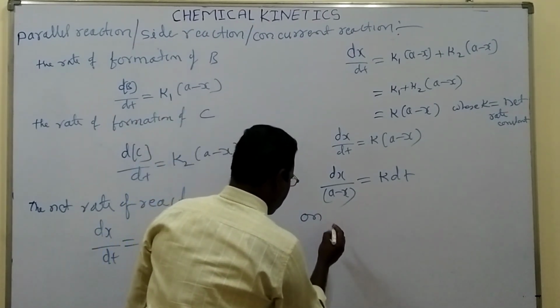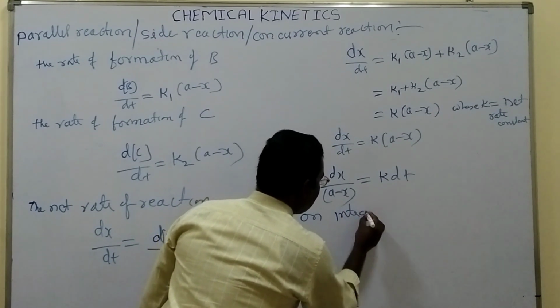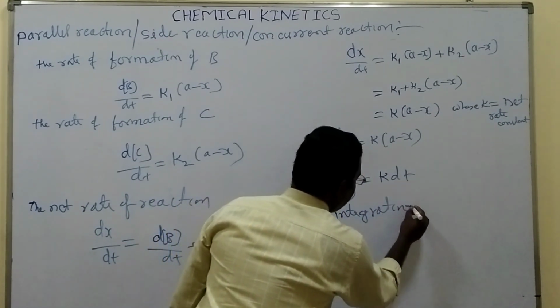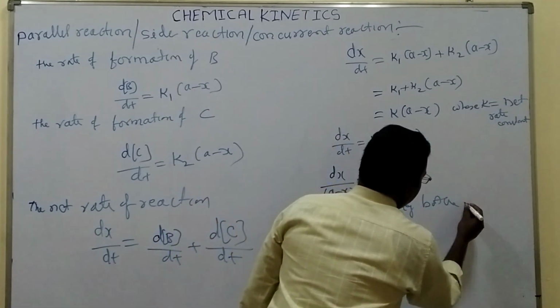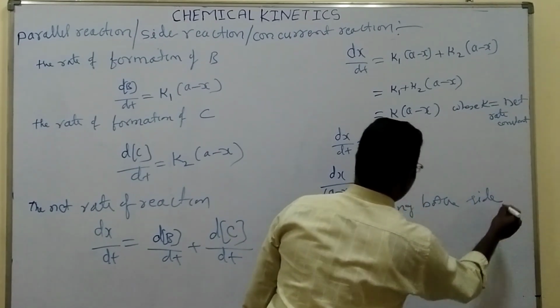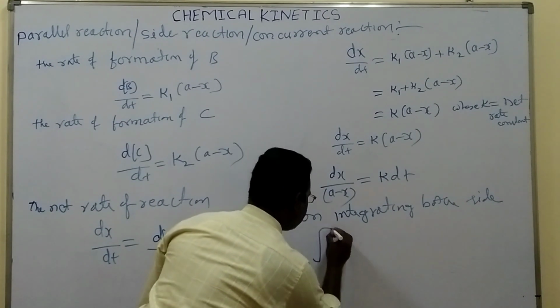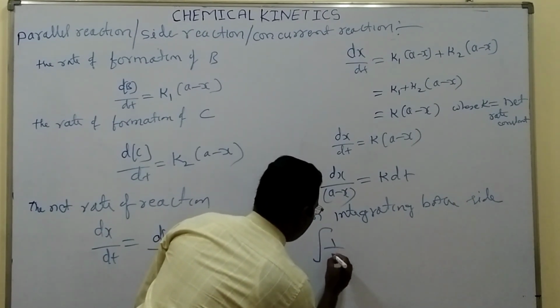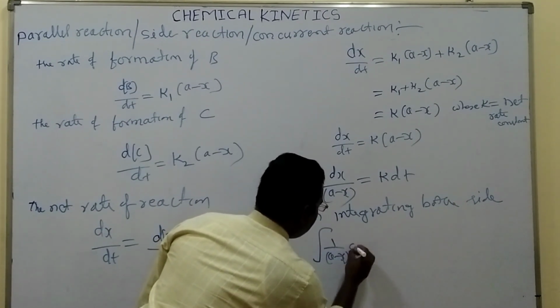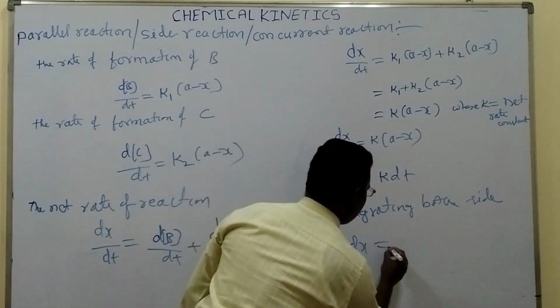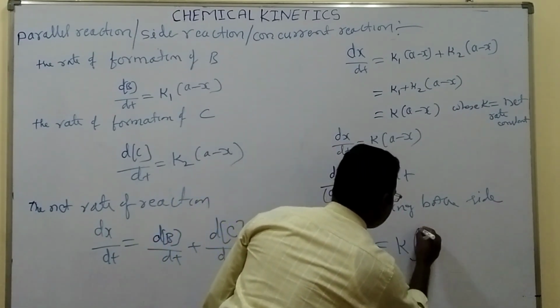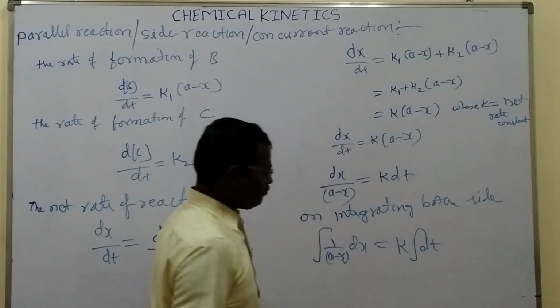On integrating both sides, what does it become? Just take the integral equations. Integration of 1 by a minus x into dx is equal to k into integration of dt.